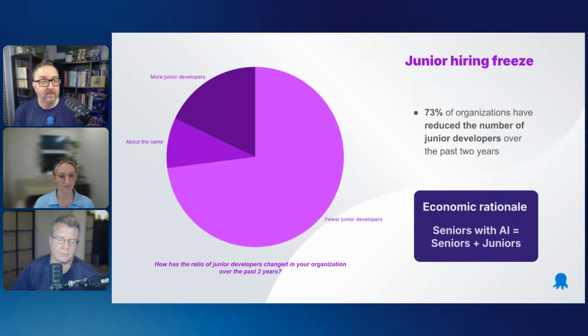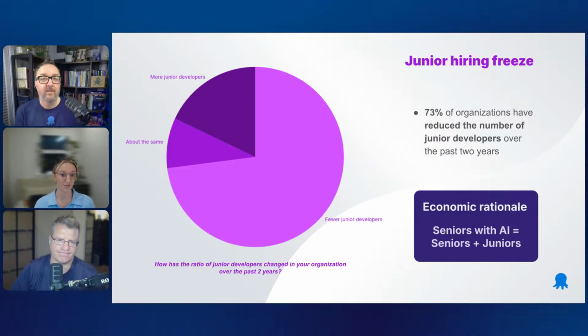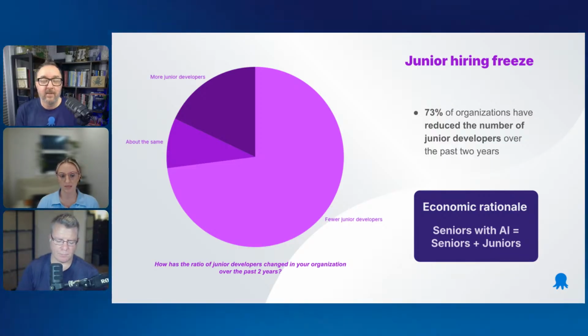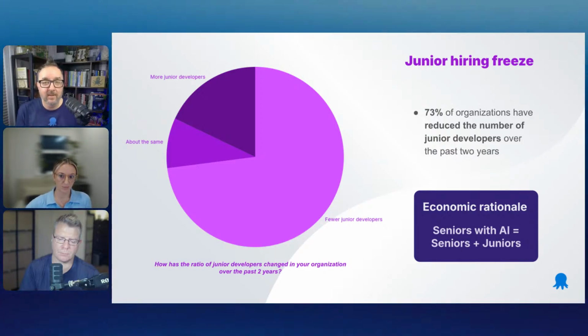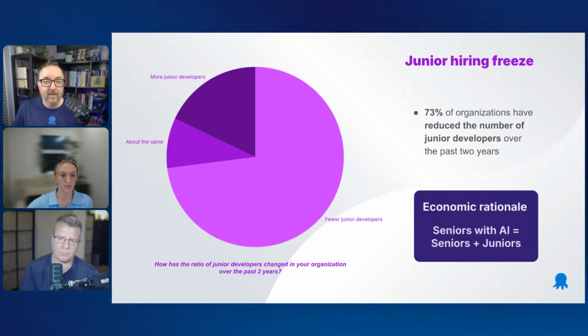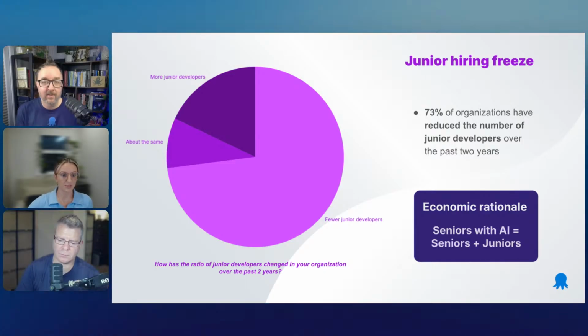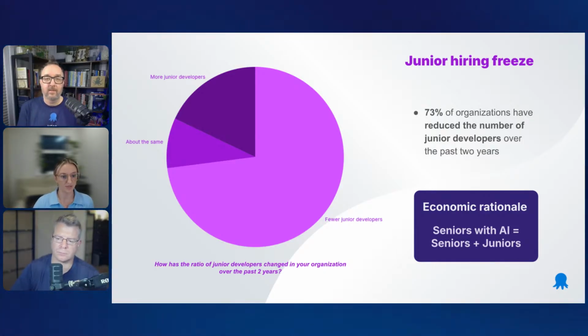You can check that in the report to confirm it, but I think I'm right. It's a huge stat, a huge reduction. We still need juniors, but the reason AI is important here is that we've already talked about where AI excels: the high volume routine tasks, which are traditionally performed by junior developers.